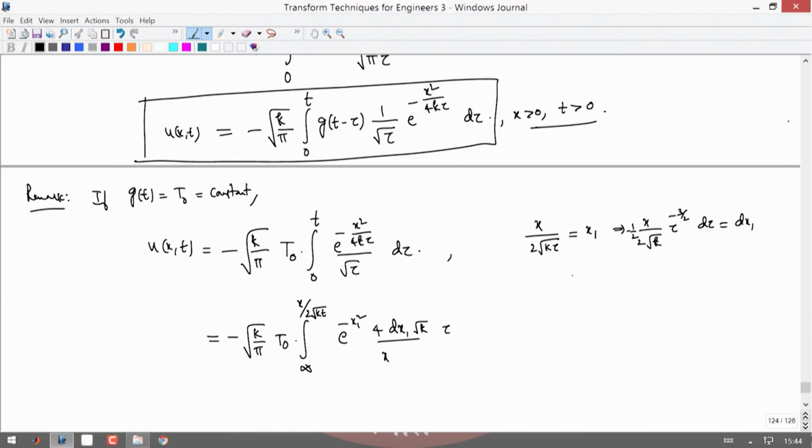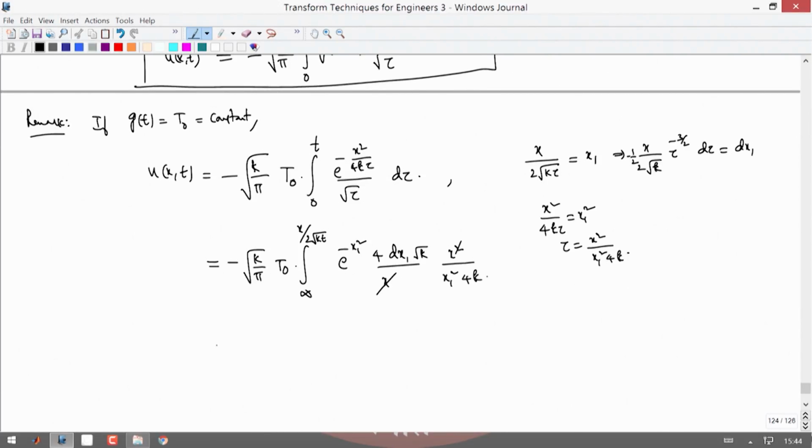What is tau? From this you can see that x square by 4k tau is x1 square. So tau is x square by x1 square 4k. So x goes, and you end up finally getting, of course, there is a minus here. The minus sign makes it plus, and now with k by pi t naught you change the limit.